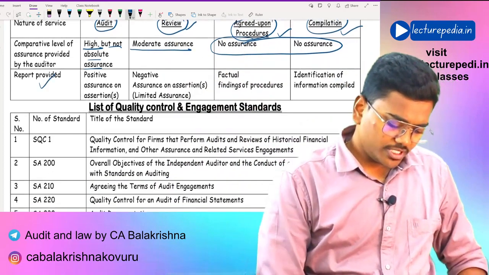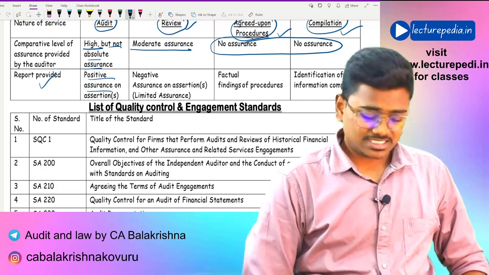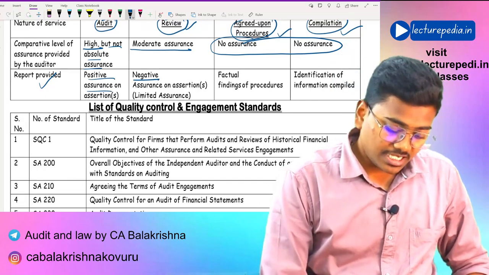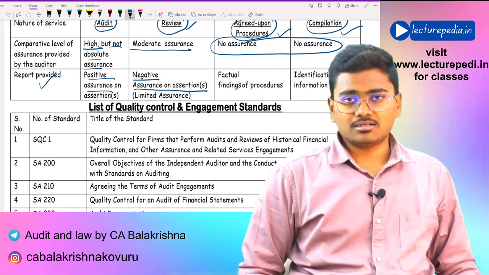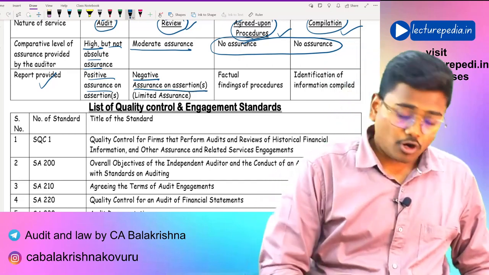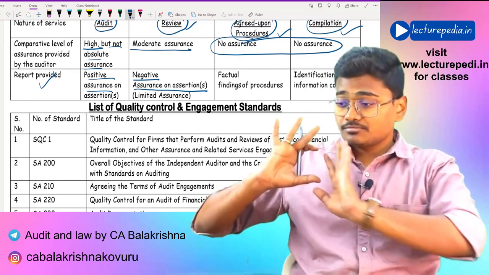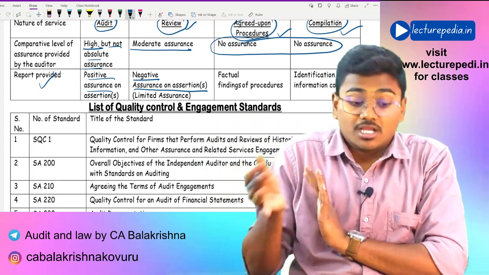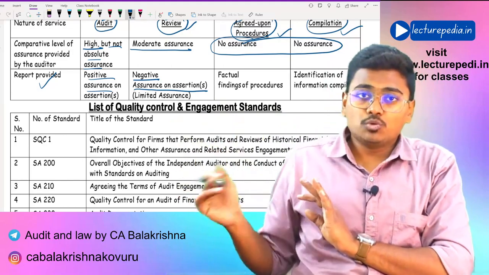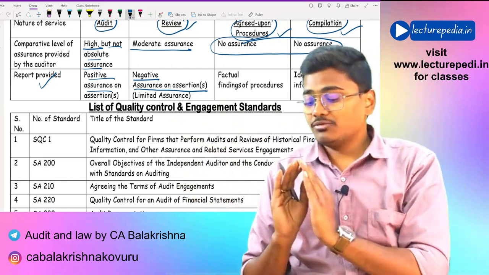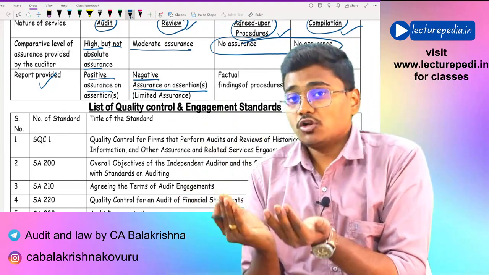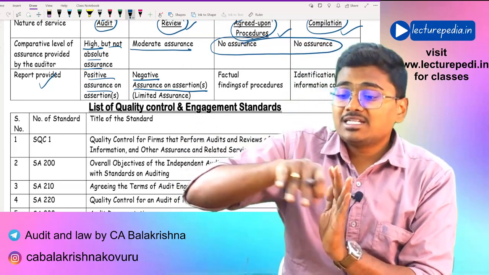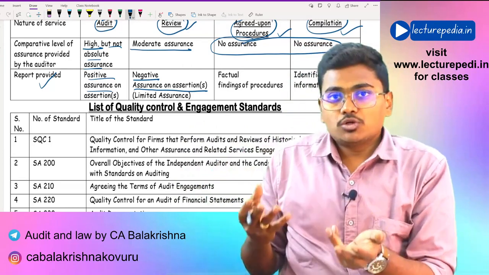The report provided will be positive assurance on assertions in case of audit, and in case of review, you will provide negative assurance on assertions. That means in case of audit, you will say that all the assertions given by the management are correct, whereas in case of review, you will say that for the items that I have checked, there are no misstatements in that, but for the items that I have not checked, I don't know about that.